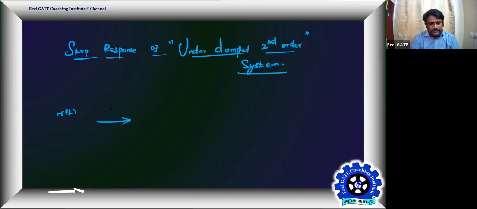R of t, we're looking for C of t, zeta strictly between 0 and 1.